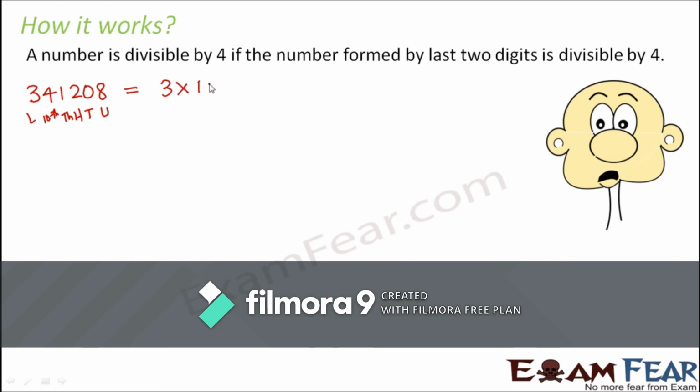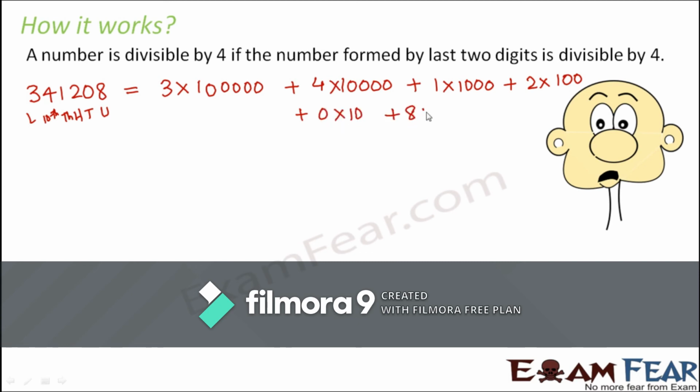So 3 into 10 to the power 5 plus 4 into 10,000 plus 1 into 1,000 plus 2 into 100 plus 0 into 10 plus 8 into 1. This is how you will expand the numbers.